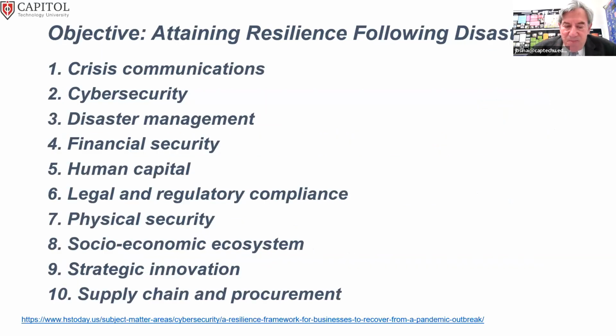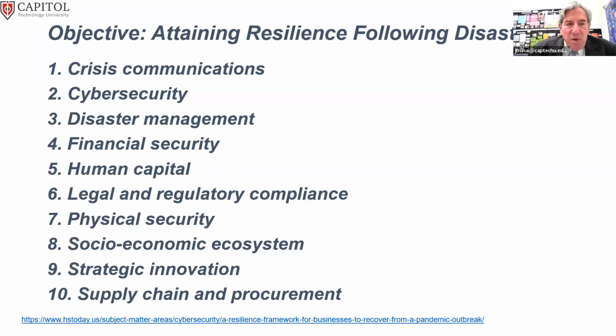It involves 10 components, and I've ordered them in alphabetical order. So the first one involves being effective at conducting crisis communications, in having a robust cybersecurity program, in being able to manage disasters effectively, in attaining financial security following a disaster.